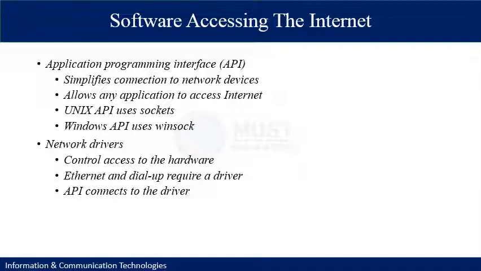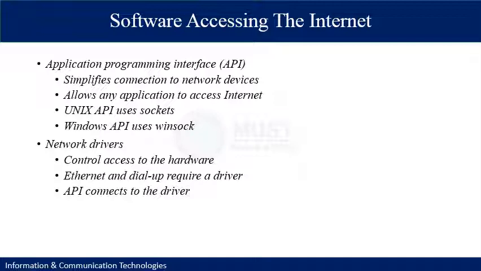Usually Unix APIs or even Windows APIs use sockets. So sockets are the combination of the service address, or the IP address of the server, along with the accessing port number.